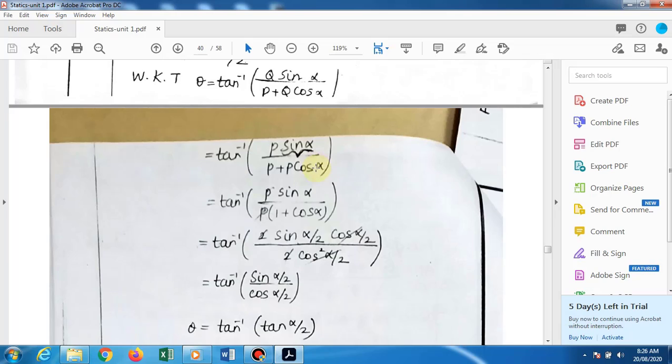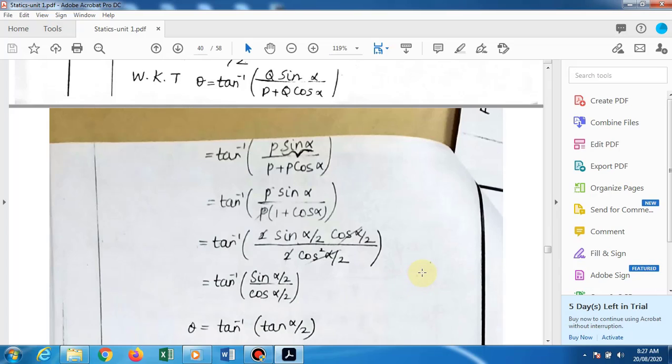So here we have 2 sin alpha by 2 cos alpha by 2 divided by (1 plus cos alpha). You know that 1 plus cos alpha is equal to 2 cos square alpha by 2. This is the formula. Therefore, you cancel and you will get sin alpha by 2 by cos alpha by 2. Theta is equal to tan inverse of tan alpha by 2.